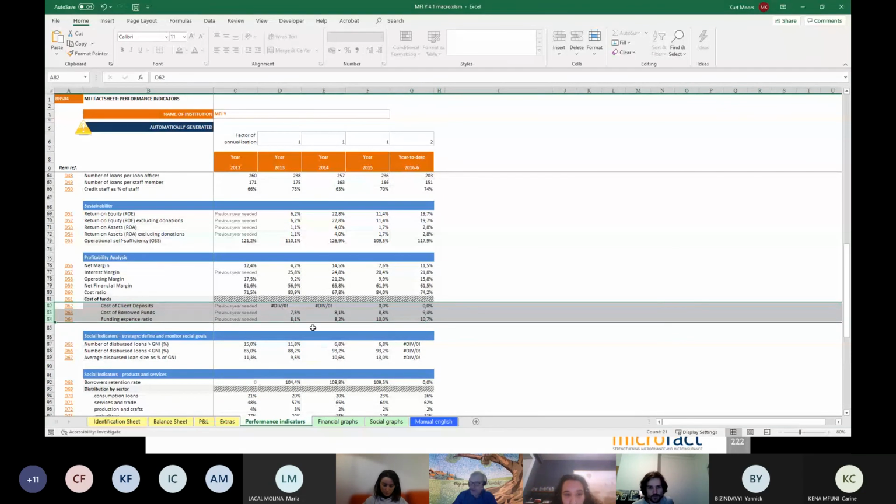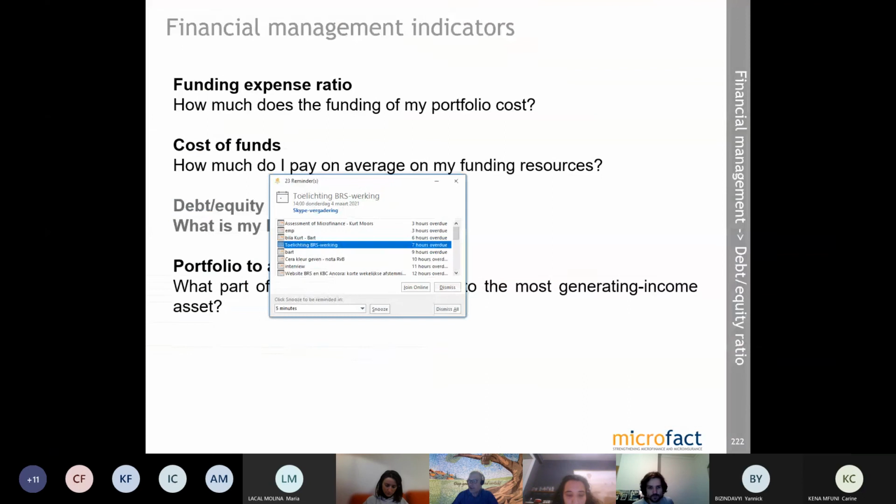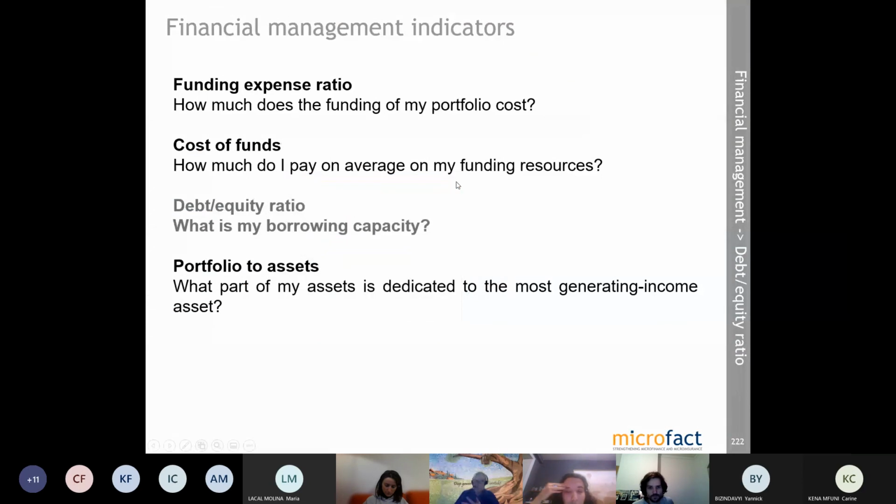And when you take the same figures, dividing them all together by the average gross loan portfolio, you have your funding expense ratio. All these indicators are calculated, even if it's only about 15 indicators that are used for the figures.